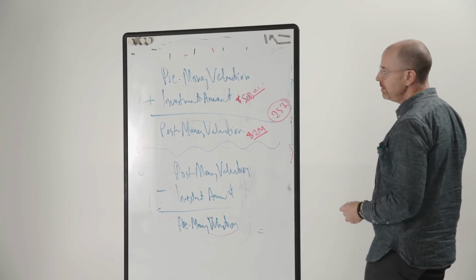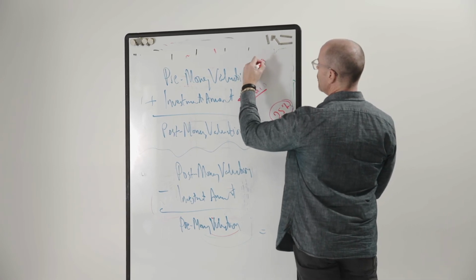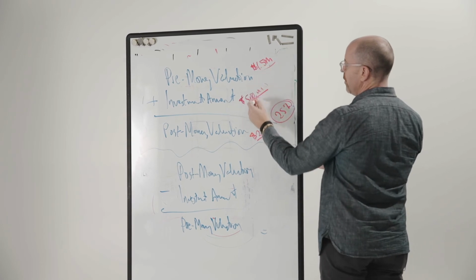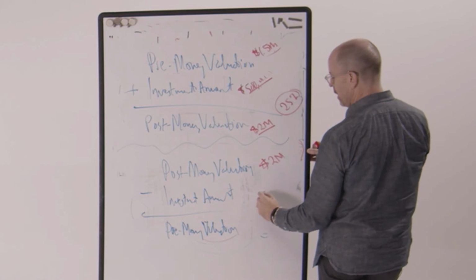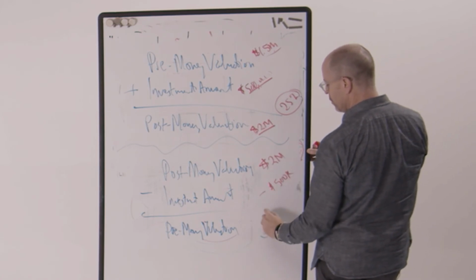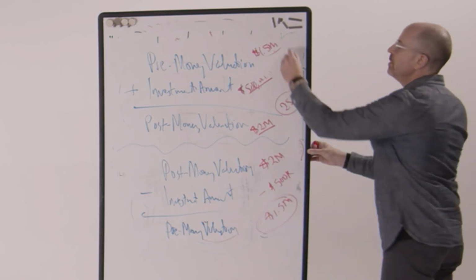What else does this tell me? Well, I can do the math upwards and backwards and come up with a pre-money valuation of $1.5 million. 1.5 plus 0.5 is 2, or what I really did is I said 2 million minus $500,000 equals 1.5 million. Now I know my pre-money valuation.